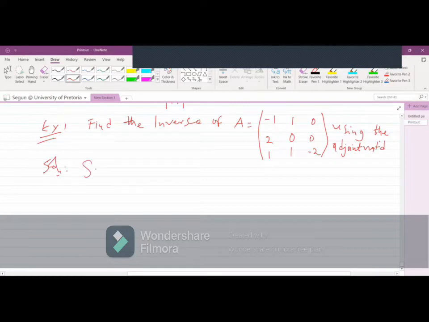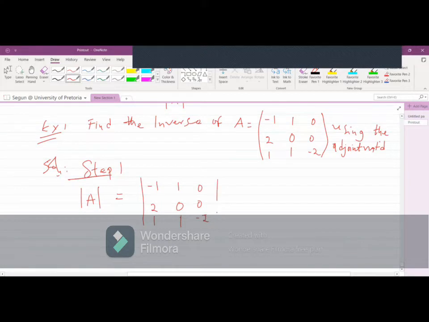What is step 1? Check your notes. Find the determinant. Everybody, please find the determinant. Determinant is what? You said 4. Are you sure?